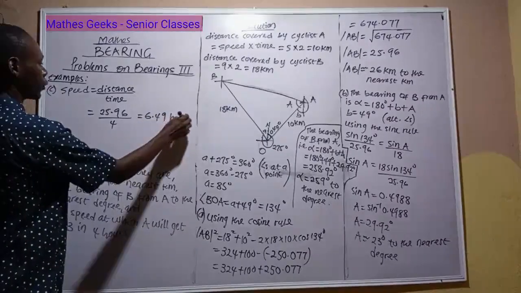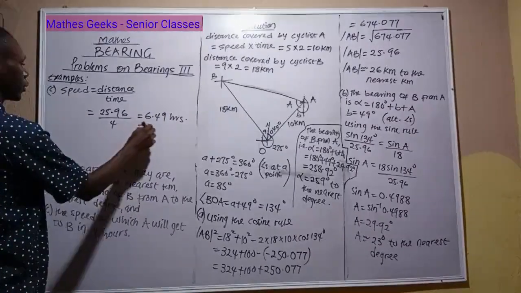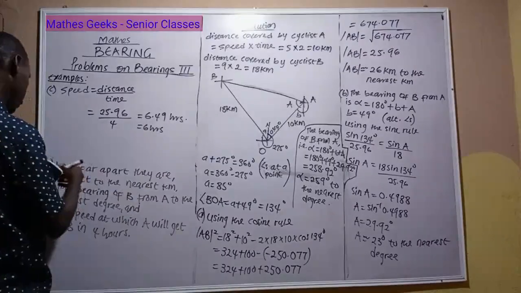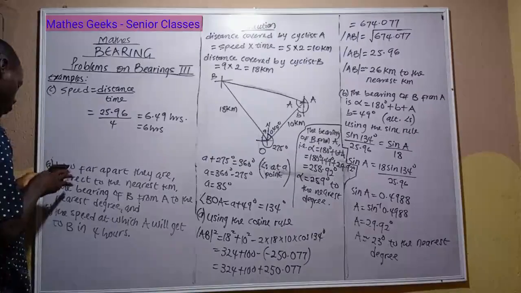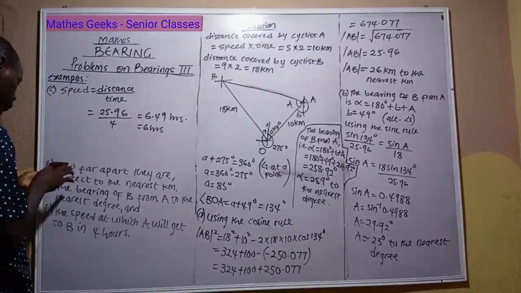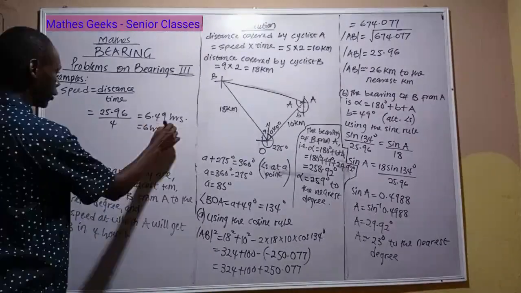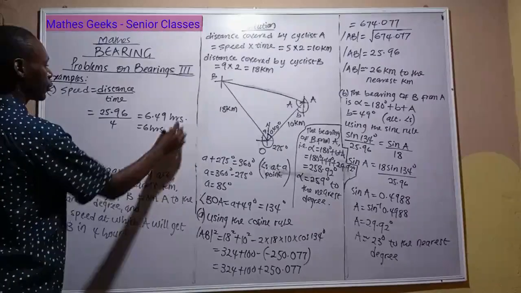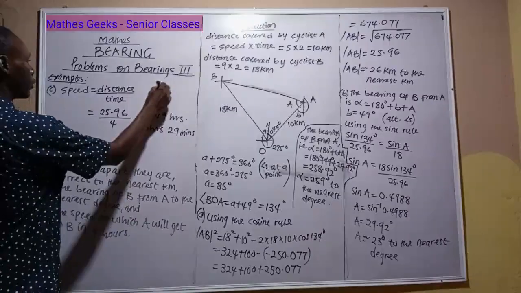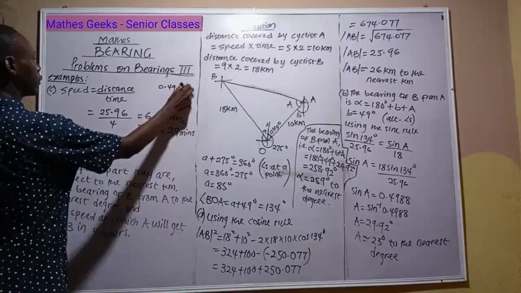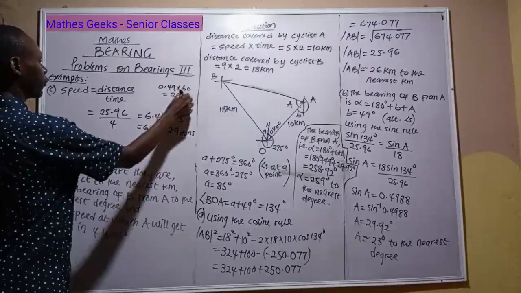6.49 hours. Or we can say this is equal to 6 hours, 0.49 times 60, 0 hours 29 minutes. So what I did here was 0.49 times 60 to get 29.4.